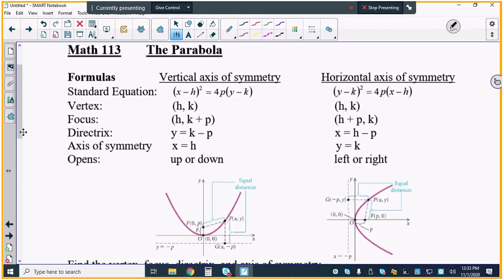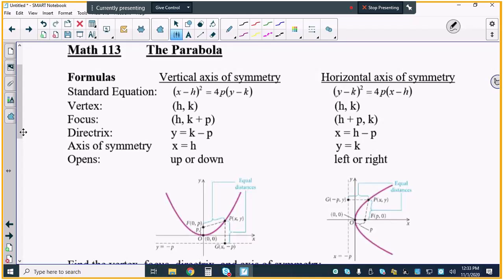If the vertical axis is the axis of symmetry, then the parabola is of the form (x minus h) squared equals 4 times p times (y minus k), where the vertex is (h, k), the focus is (h, k plus p), the directrix is the line y equals k minus p, the axis of symmetry is x equals h, and the parabola opens up or down depending on the sign of p.